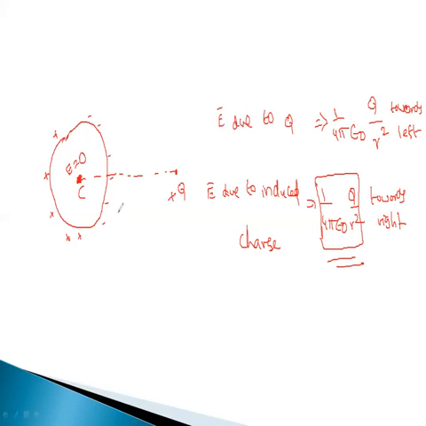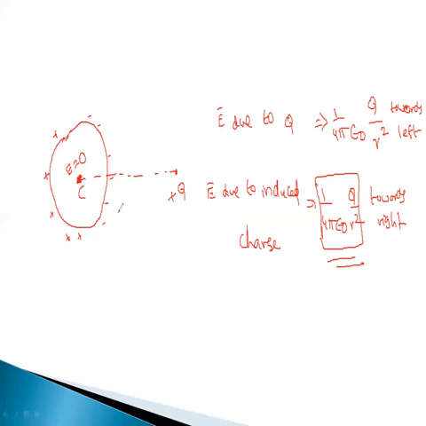So totally, at the center of the spherical charge distribution, the electric field will always be 0. And what are the causes that give an electric field at the center? There are two causes. One is the positive charge placed at a smaller distance, and the other is the induced charge on the surface due to this positive charge. In this particular case, the electric fields due to these two factors should be equal and opposite, you have to understand.